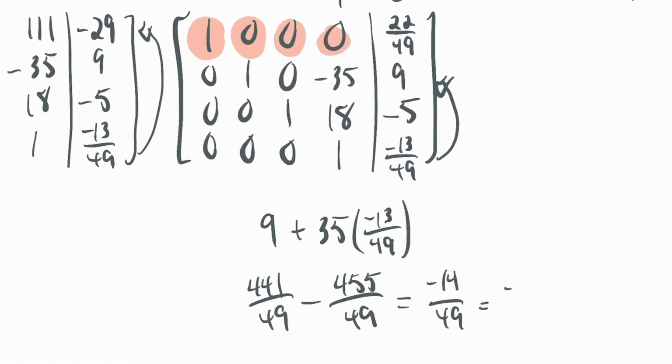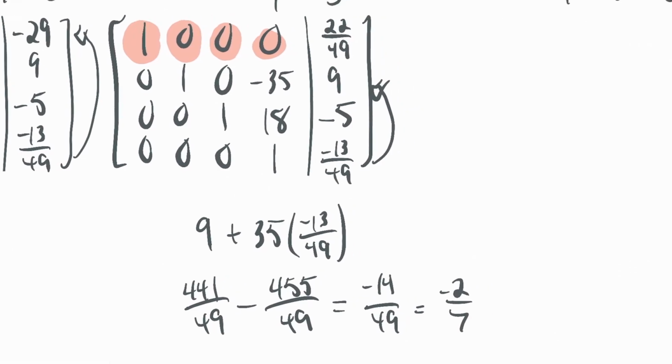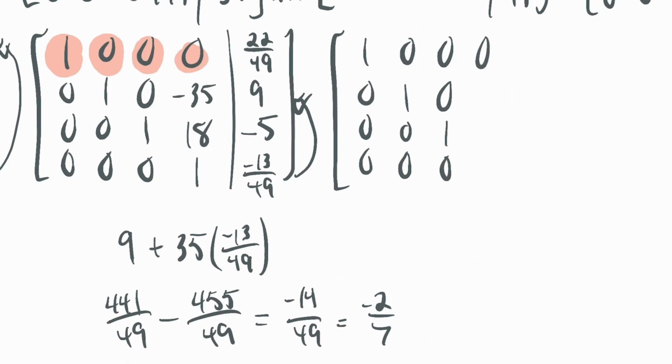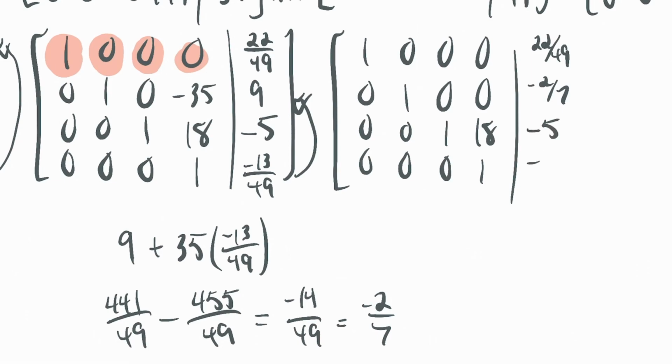So negative 2 over 7. So this becomes 1, 0, 0, 0, 0, 1, 0, 0, 0, 0, 1, 0, 0, 0, 18, 1, 22 over 49, negative 2 over 7, negative 5, negative 13 over 49.